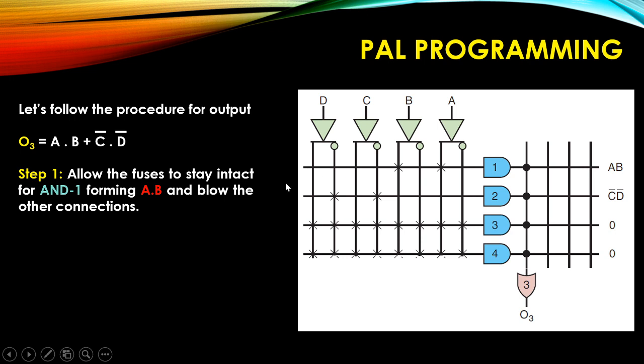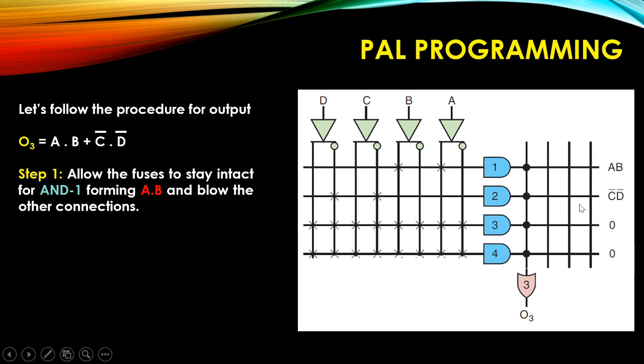On the other side, we have the AND array, which has both the normal variable as well as the complemented variable. What we have to do is select those which are required at the input of the OR gate.